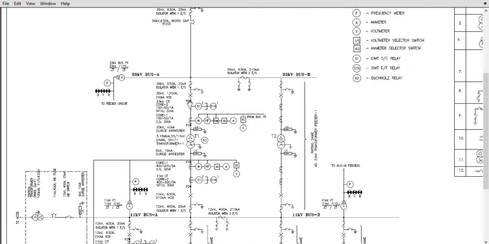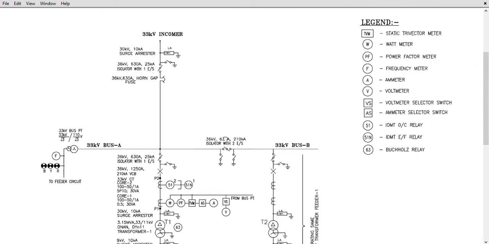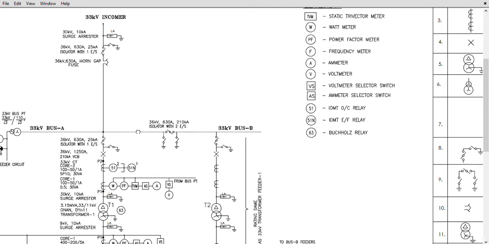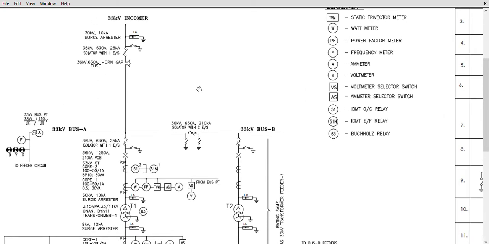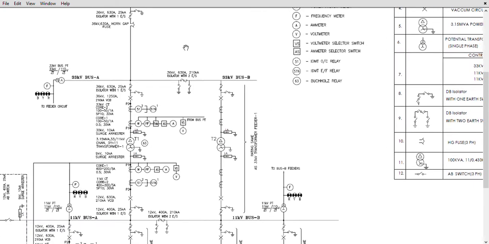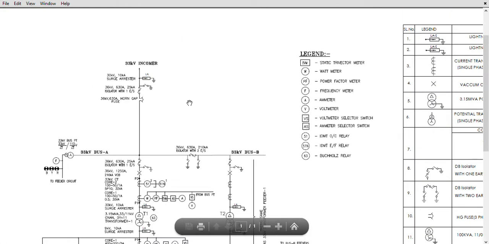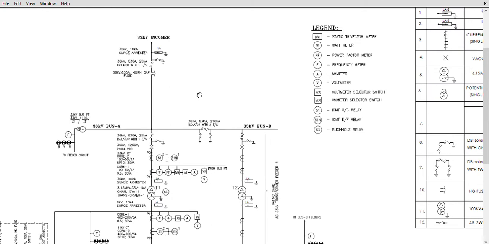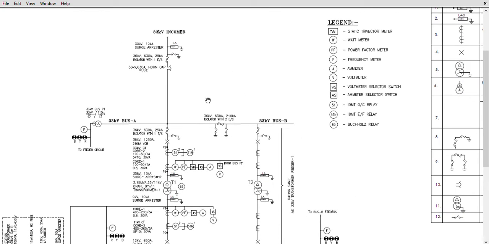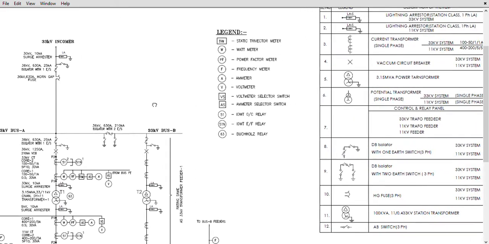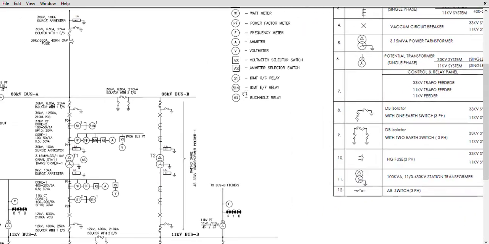Fine. Now let's go to the BOQ. How to prepare the bill of quantity of this equipment. Friends, as I told you, this is the single line representation of the total substation, which means the substation will not be like this. The substation will have dimensions and three phases, R, Y, B and all.